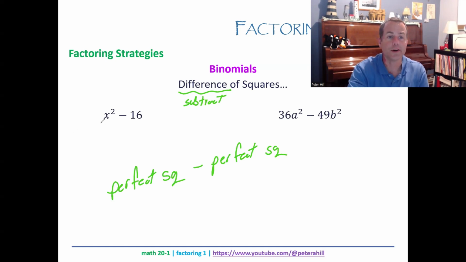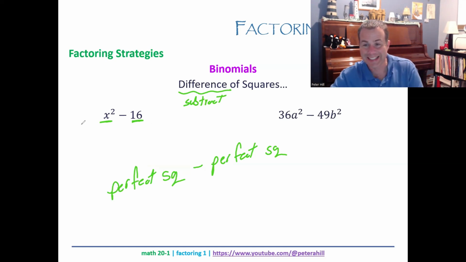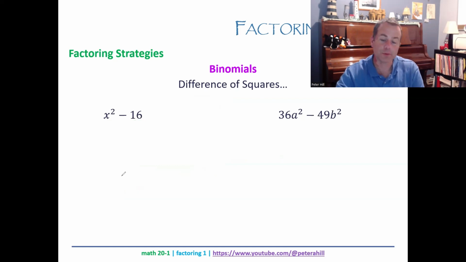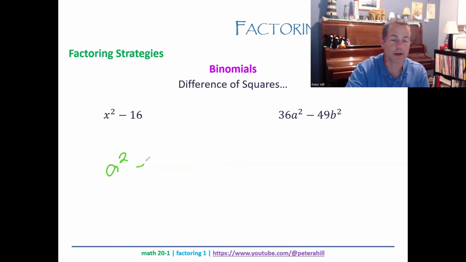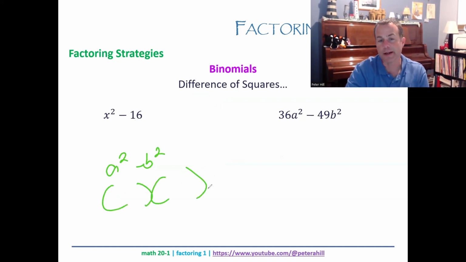Okay, so here I see x squared minus 16. X squared, I know the square root of that. It's x. And I know the square root of 16 is 4. Okay, so what happens when we have a difference of squares, I'm just going to write a random one here for a second, a squared minus b squared. It will always factor into two binomials multiplied together. The first term will be the square root of the first term.